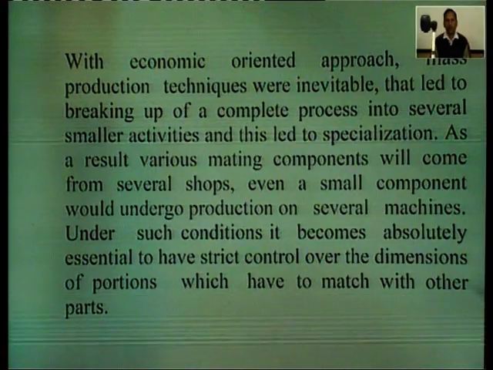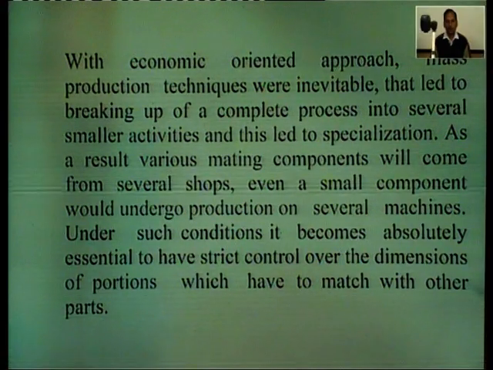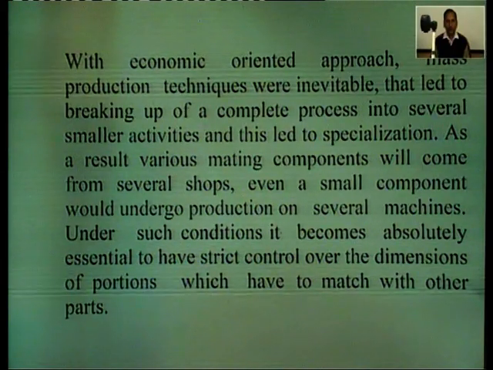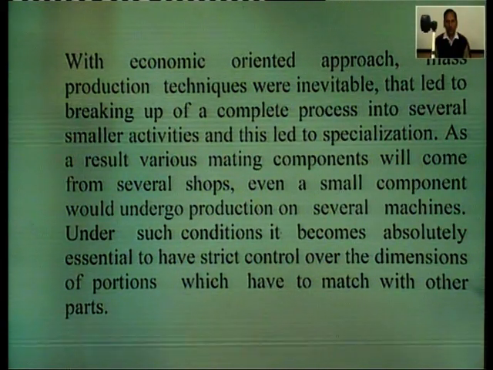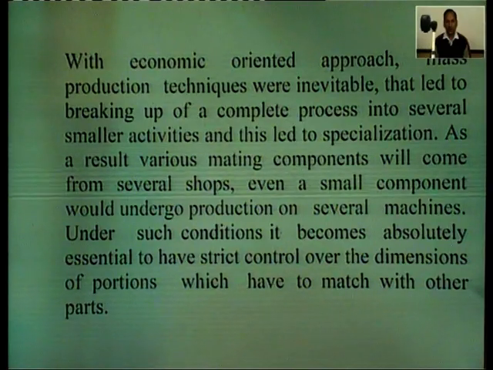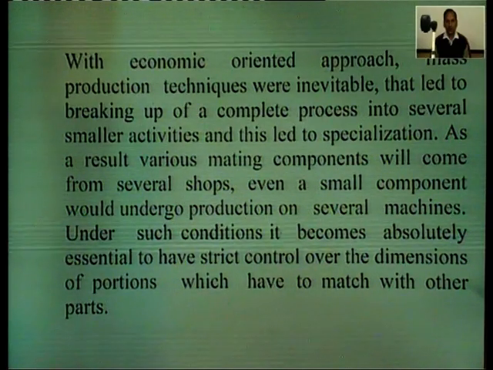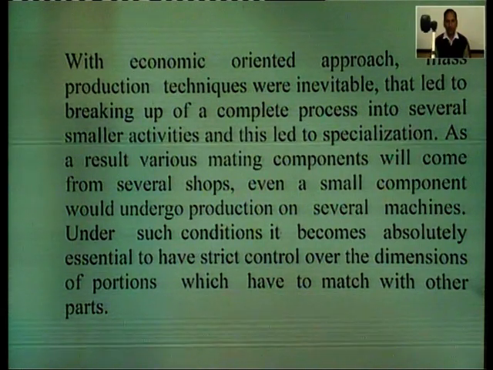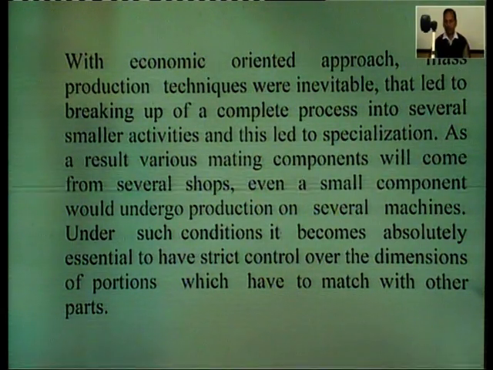Even a small component would undergo production on several machines. Under such conditions, it becomes absolutely essential to have strict control over the dimensions of portions which have to match with other parts.